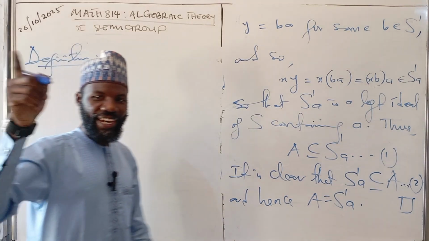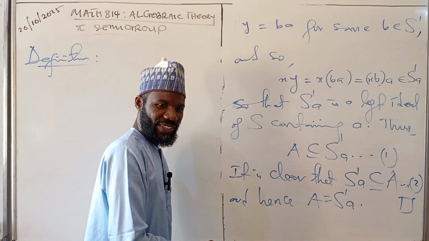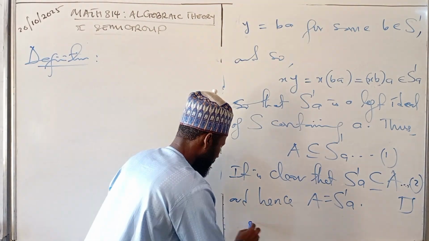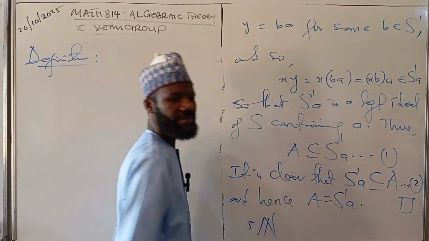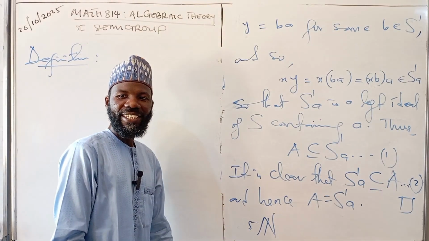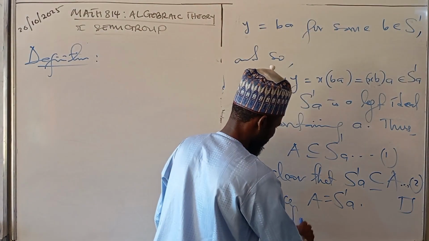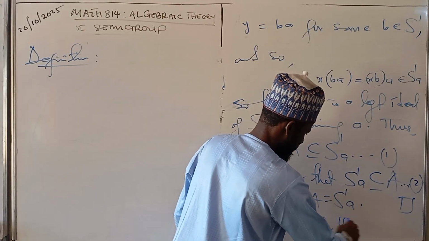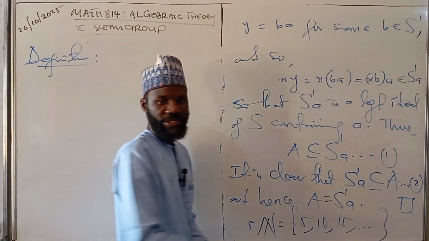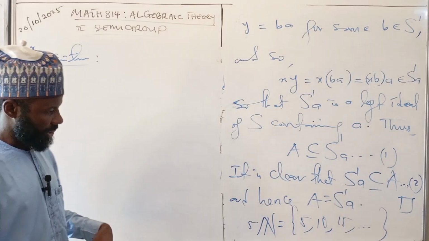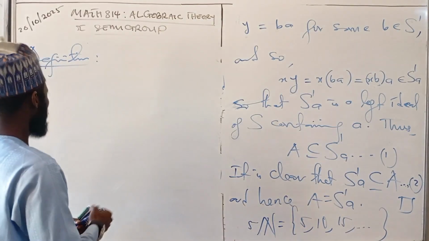That is why, when I asked you earlier, it was okay. Say 5n is the principal ideal generated by 5, and that is all multiples of 5, and so on. So you can always do that. I hope it's okay. Okay?